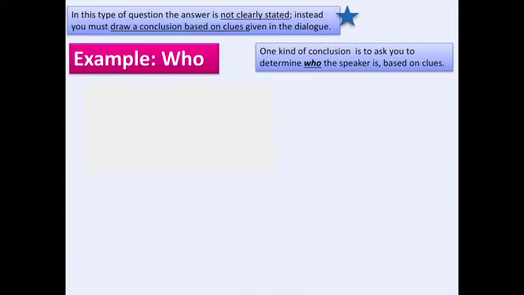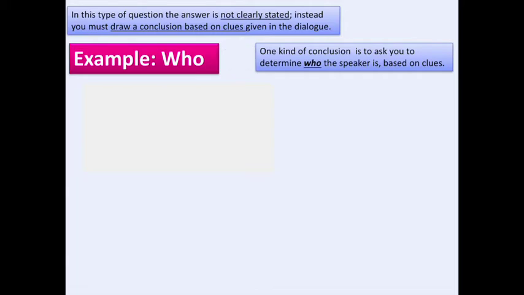In Skill 4 questions, the answer is not stated. Instead, you must draw a conclusion, which means make an intelligent guess based on clues that you hear in the dialogue. One kind of conclusion is to ask you to determine who the speaker is based on clues.